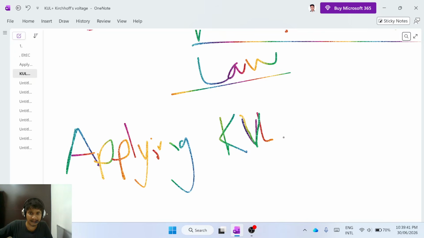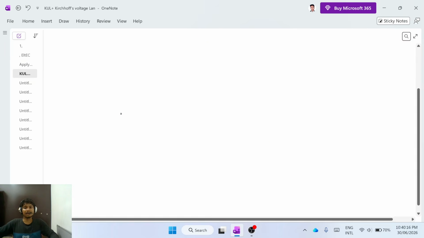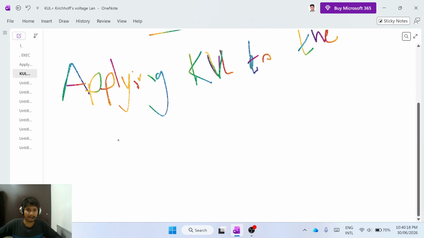Applying KVL to the loop. Now I am going to apply the KVL to the loop ABCFA.